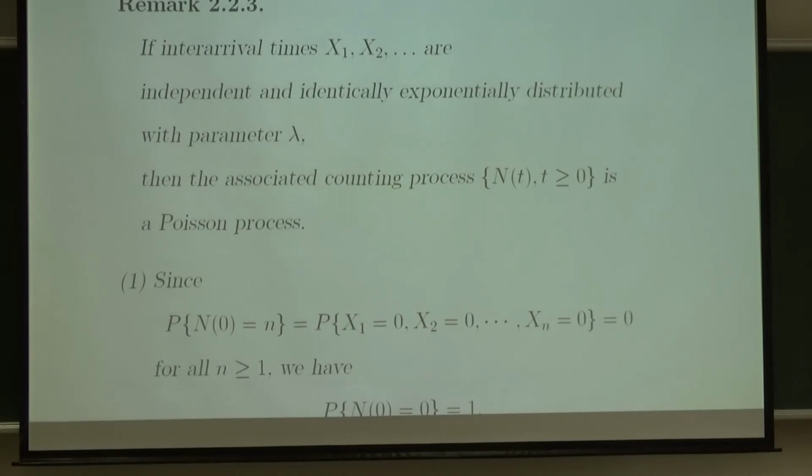First of all, if there is a point process and we find the interarrival times are statistically independent and identically distributed, so the interarrival values are IID, this is the first thing. The second thing is that we check whether the interarrival value is exponentially distributed. If this is also true, then this point process is a Poisson process. So this is the second way to identify whether a point process is a Poisson process.